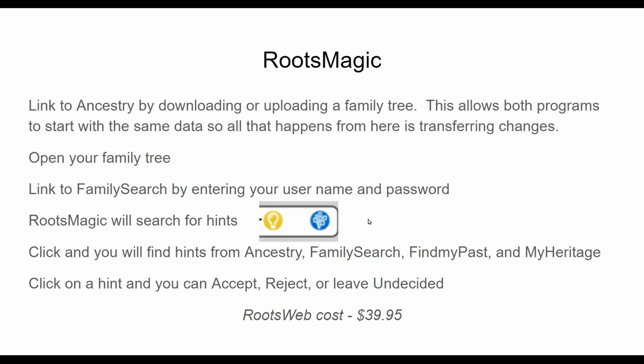Generally speaking, you can accept, reject, or say undecided with a particular hint. And the way I tend to view hints is there are two kinds of hints. One of them is, that's new information for me. I really want to hold on to that information. The other one is, okay, I didn't type in the name of the location of that event quite the way that people want to see it typed in.